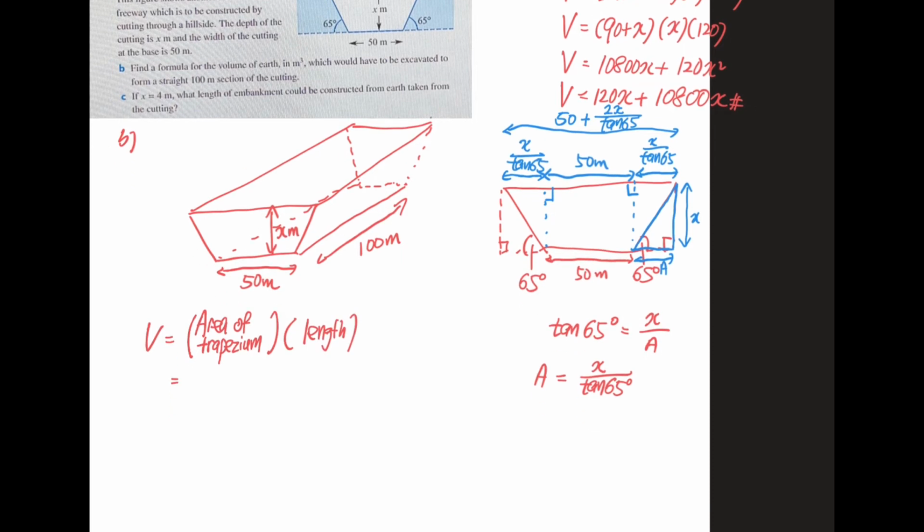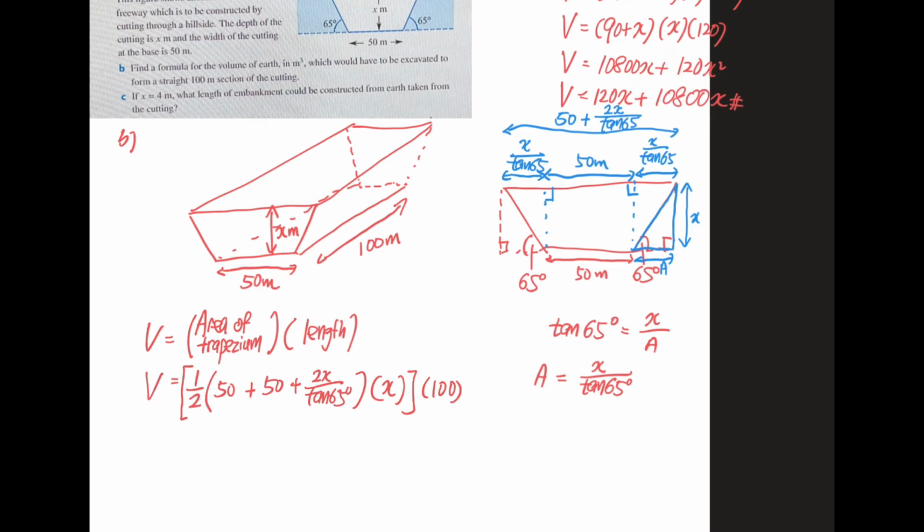Area of trapezium is 1 over 2, add up the parallel sides, 50 plus 50 plus 2x over tangent 65, multiplied with the height, which is x. That is the area of trapezium, the one I put in square brackets, multiplied with the length, which is 100.